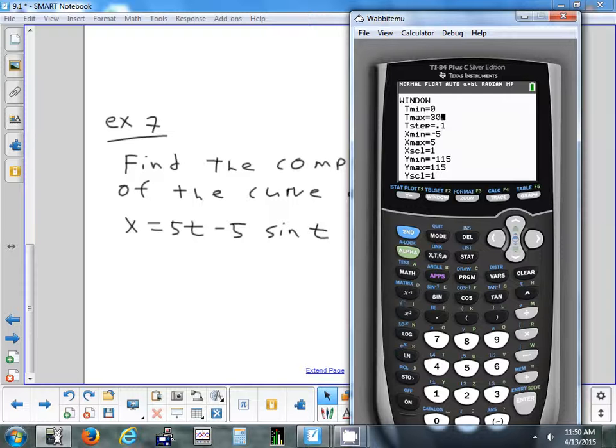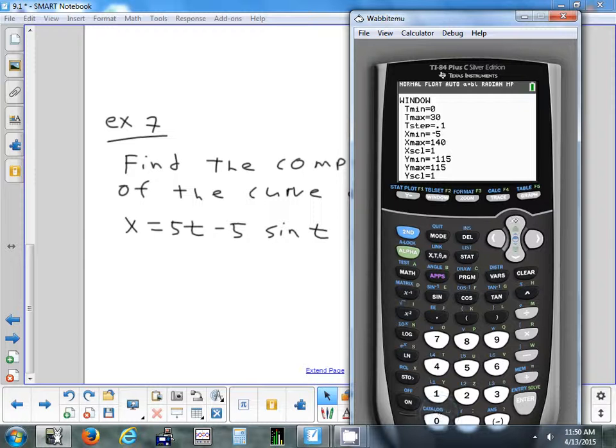So I know my x value, 5 times 30, that's 150, plus or minus 5. All right, 5 sine t can't get any bigger than 5, can't get any smaller than negative 5. So let's set our x out to, that's 130, minus a minus could become a plus. So I think if we go to 140, we should be safe.